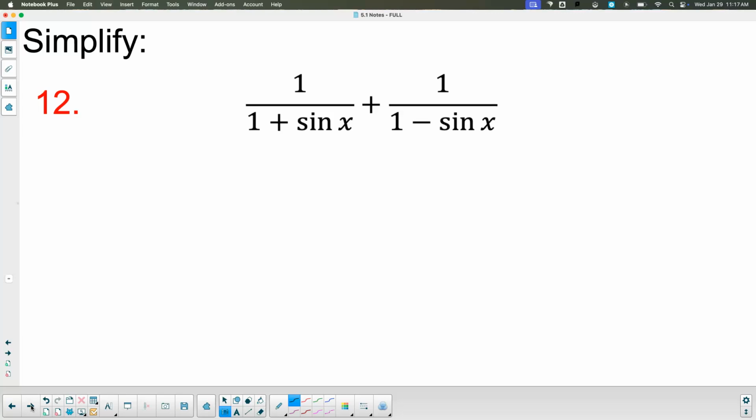Let's do a trig fraction now. The first thing that we need is a common denominator. What's my common denominator going to be? 1 plus sine x, 1 minus sine x?